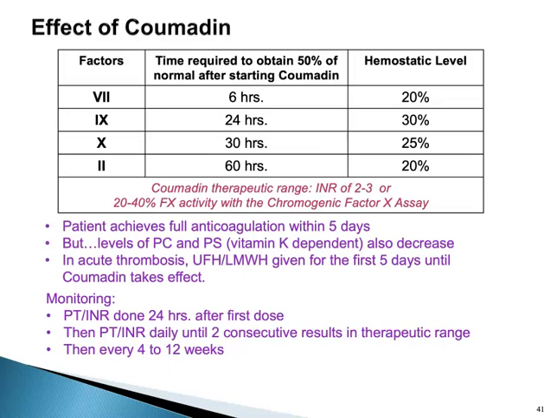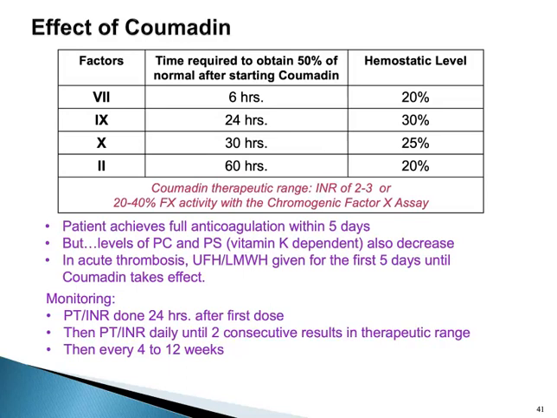So in acute thrombosis, unfractionated heparin or low molecular weight heparin is given for the first 5 days until coumadin takes effect, because it will take 5 days. If you have an acute thrombotic event, you don't have 5 days to treat it. So the patient needs to be given something that will work a little faster.